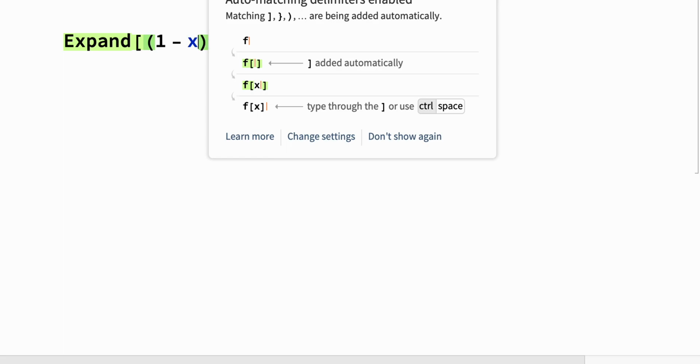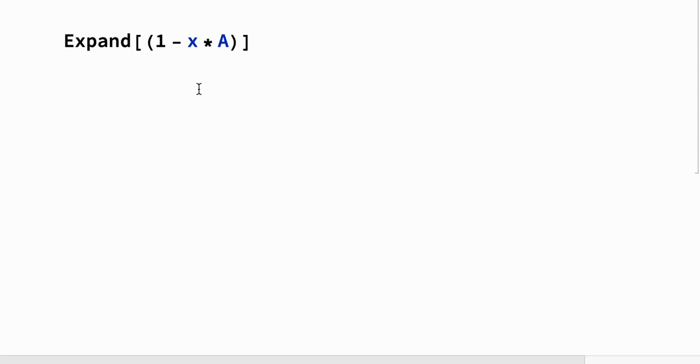1 minus x star a, first term. You can always do it by hand, but it will take a lot of time to do all those things, and it may happen that you get one term incorrect. The second term is x square into a, right?